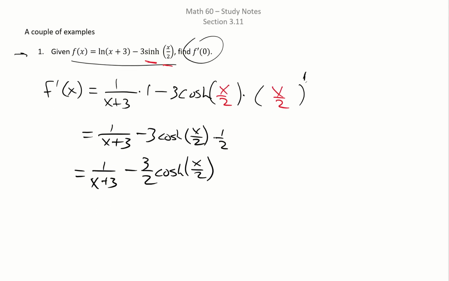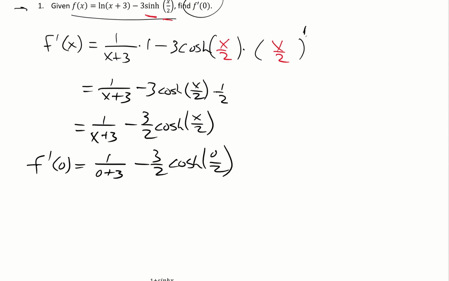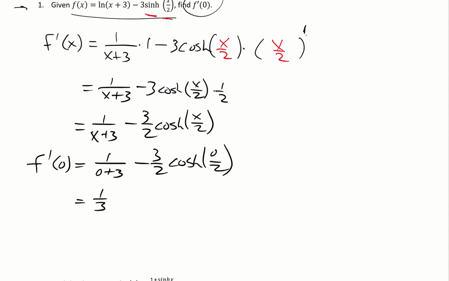Okay, so what is f prime of 0? Plug in and find out. So we're getting 1 over 0 plus 3 minus 3 over 2 hyperbolic cosine of 0 over 2. And we're getting a 1/3 here, minus 3/2.